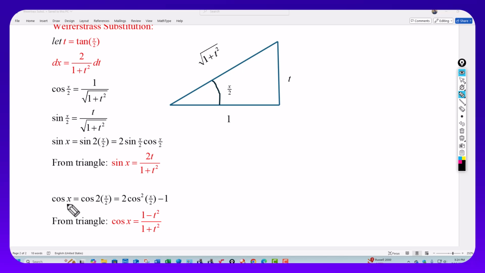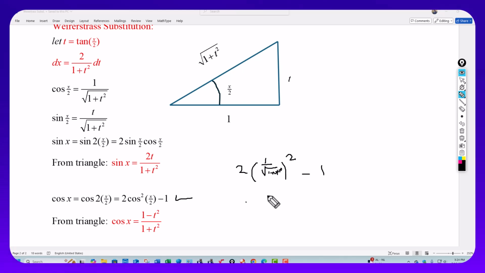Now to get the representation for cosine of x, I do it this way. Cosine of x is equal to, because I have x over 2, I have the cosine of x over 2, but I want the cosine of x for those types of problems using this identity right here. So this will be 2 times the square of cosine of x over 2. So cosine is 1 over square root 1 plus t squared, and that is minus 1.